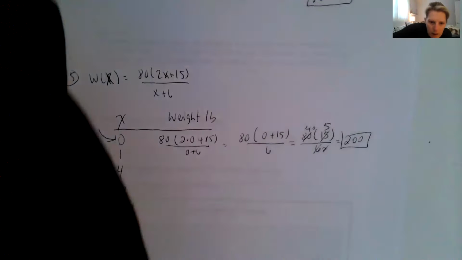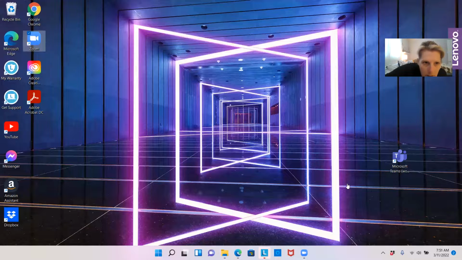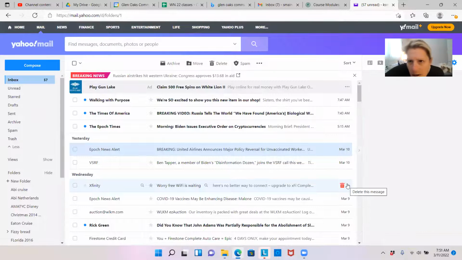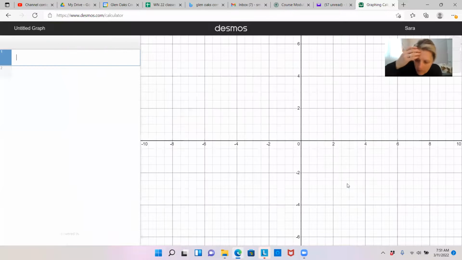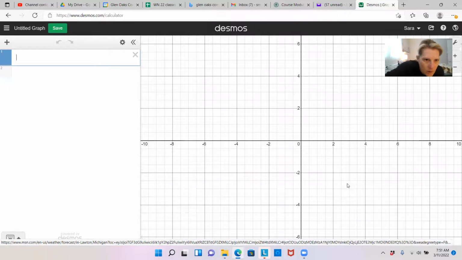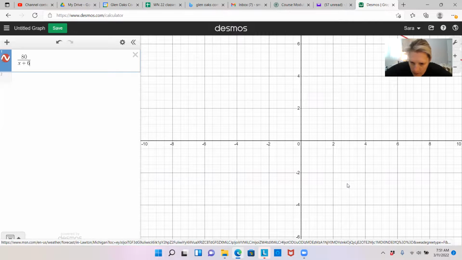So this is where we're going to go to Desmos and put this in. So we're going to just put in our equation of 80 over x plus 6.